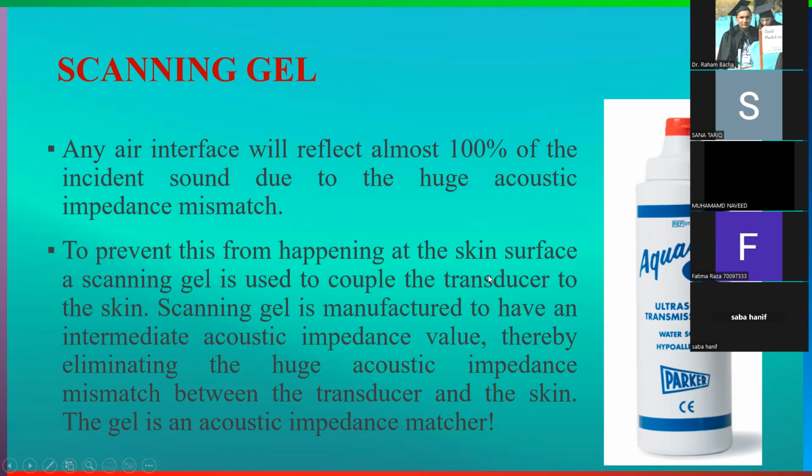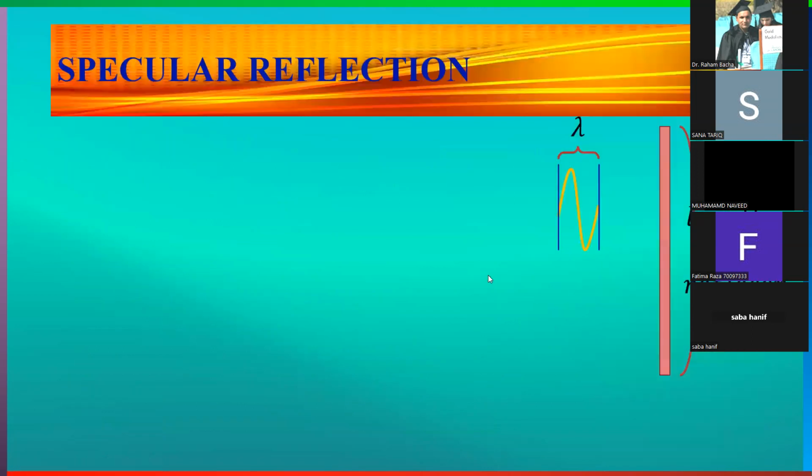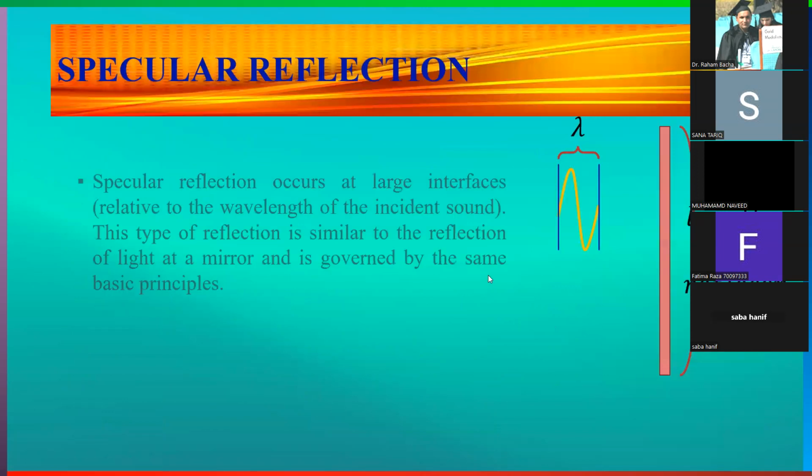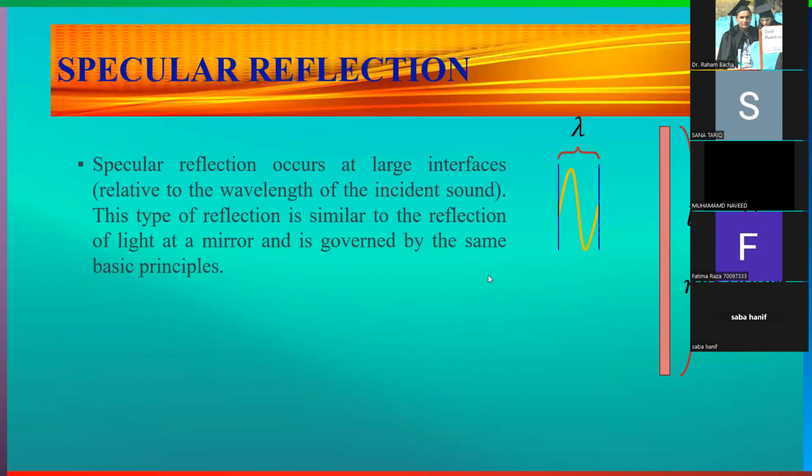If the interface is large enough in relation to the wavelength of the incident sound wave, then that will be a specular reflector, right? Or specular interface, as you can say, specular media boundary.